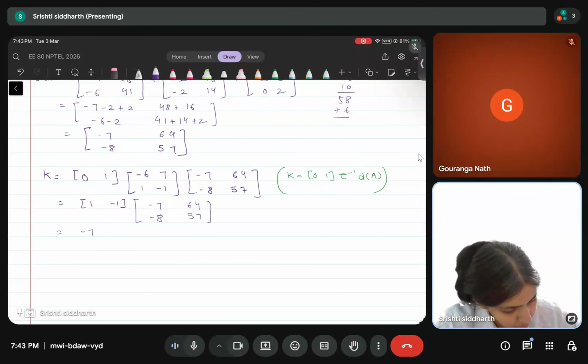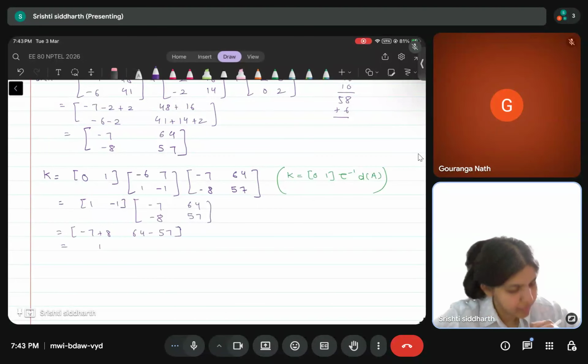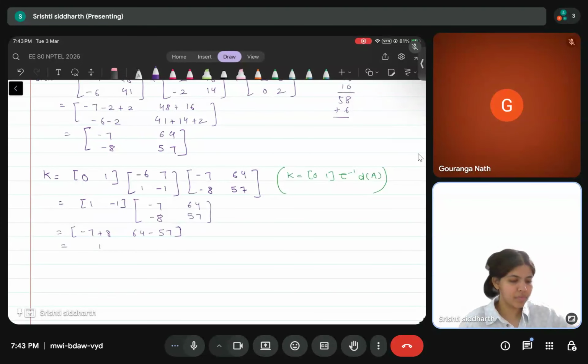We get minus 7 plus 8, 64 minus 56. K equals minus 1, 7.